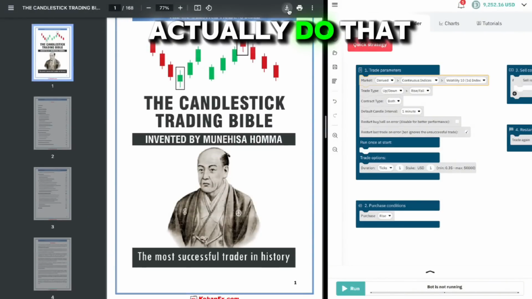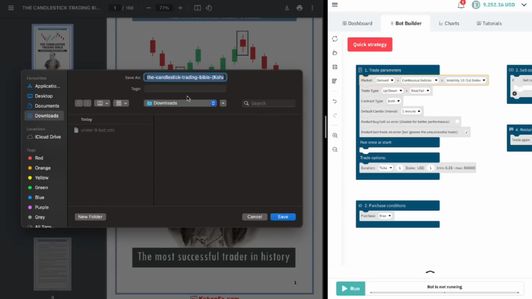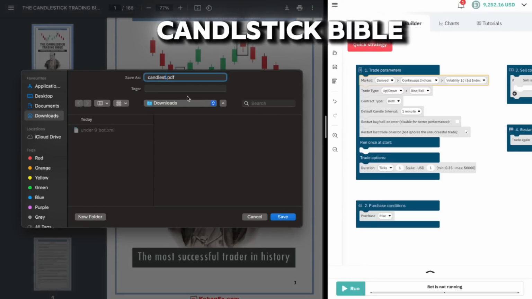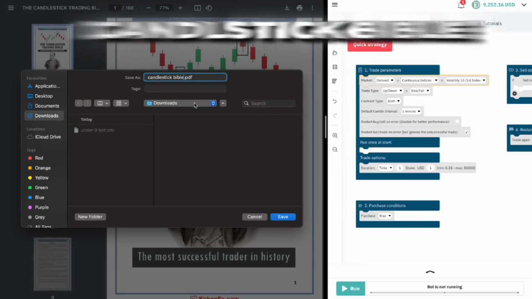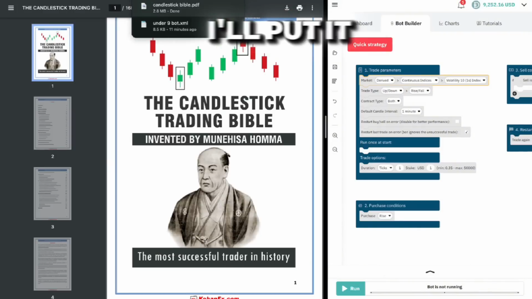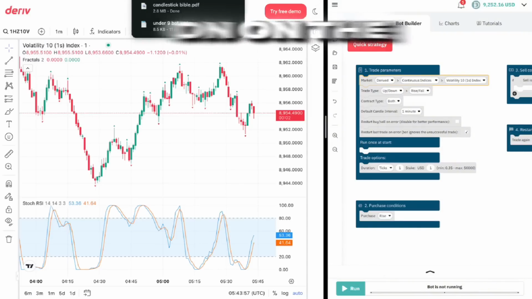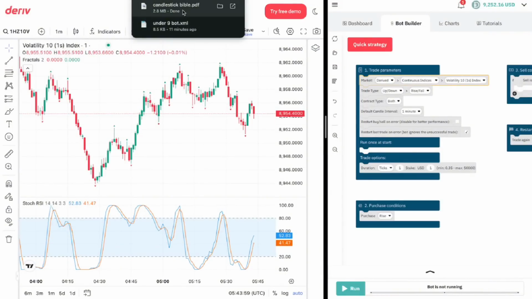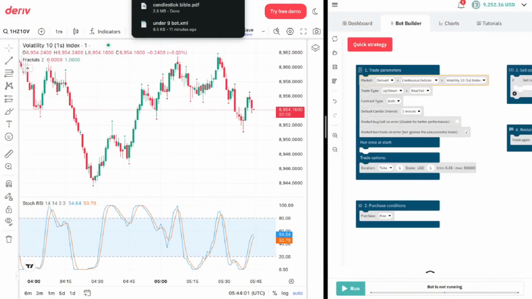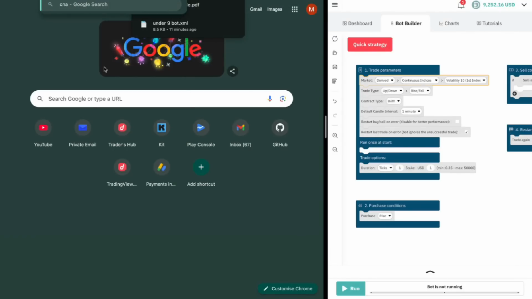Yeah, I'll actually do that. Let me just download it. Candlestick Bible. Save. So I'll put it on the page.